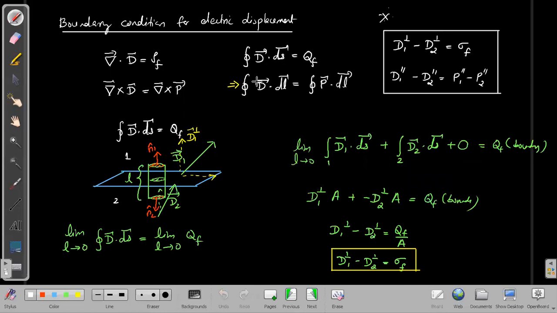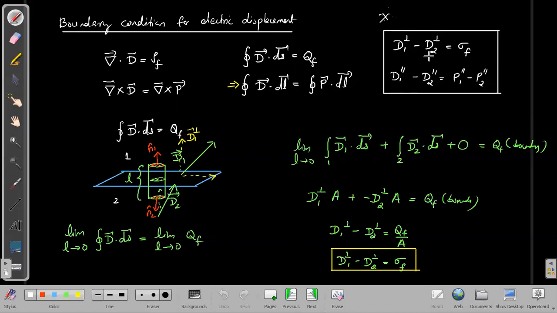And for the boundary condition, we need the integral form of the electric displacement equation. So we have two integral equations. One is the surface integration, the other one is the line integration. And I have derived how to find the connection between the perpendicular components of electric displacement crossing the boundary. So I've completely derived it.